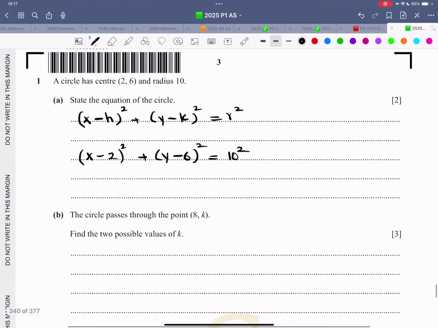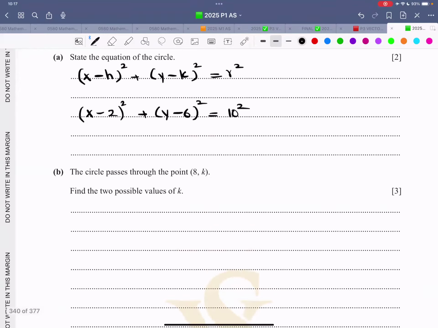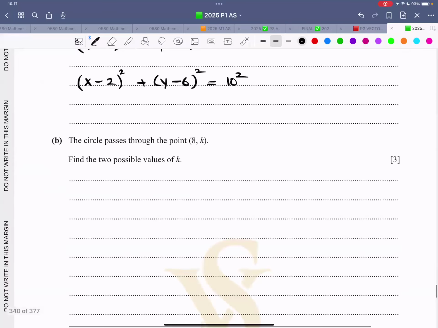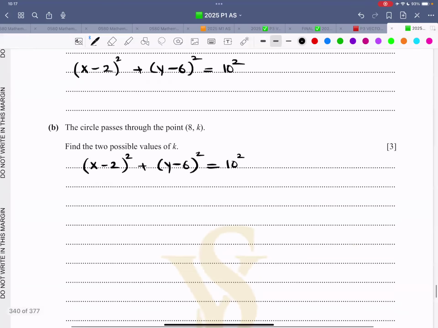That's the first thing. Now it says the circle passes through this point. In other words, the point lies on the circle. So (x minus 2) whole square plus (y minus 6) whole square equals 10 square or 100. Now this 8 goes in place of x, and this k goes in place of y.